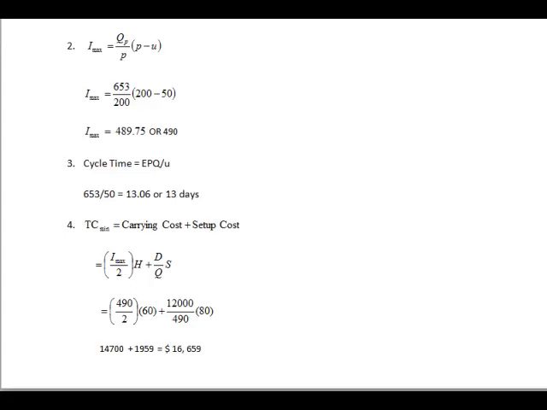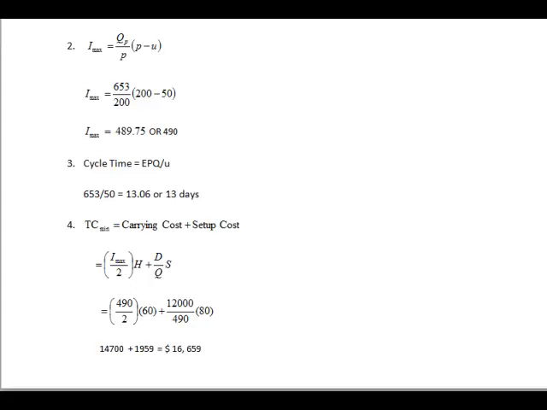Now you'll notice that the calculations here for the carrying cost, we get $14,700. And for the setup cost, we get $1,959. And those two numbers are not equal to each other.